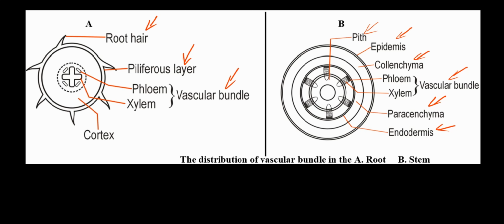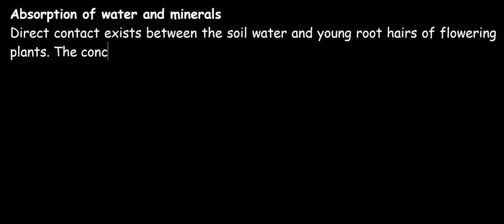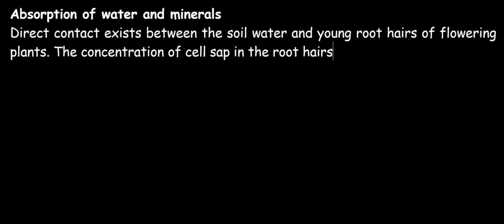Having a look at this diagram, we are going to be talking about absorption of water and minerals in plants. Direct contact exists between the soil water and young root hairs of flowering plants. The concentration of cell sap in the root hairs is greater than that in the soil water.